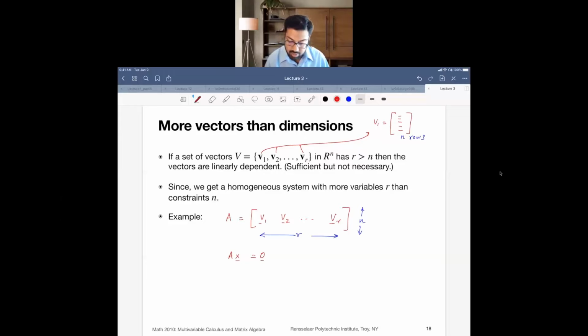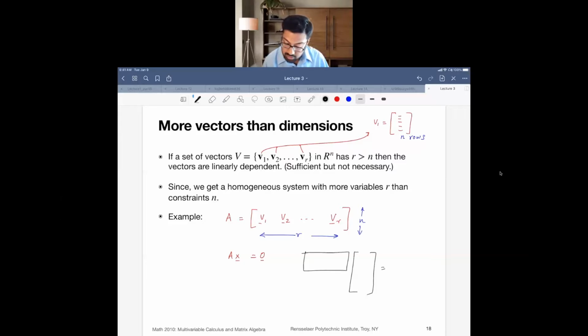What are you going to have? Well, this is going to be a rectangular matrix, not a square matrix, right? Because A has more columns than rows. And then you are doing this with the number of columns here, which is r, having to match up the number of rows here, equals that vector 0, right?